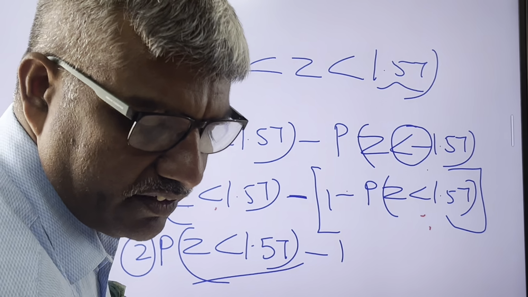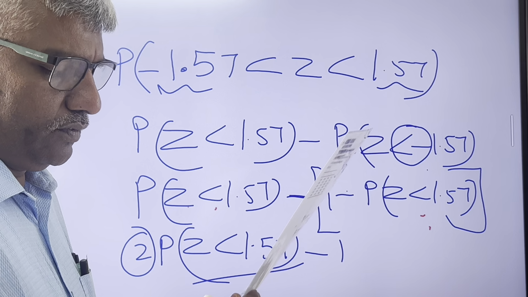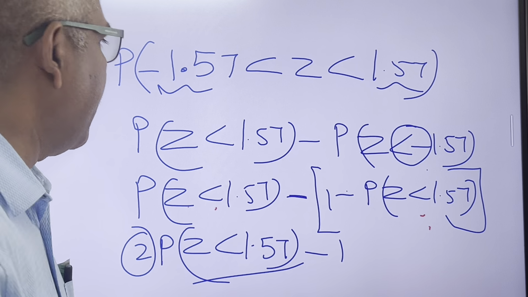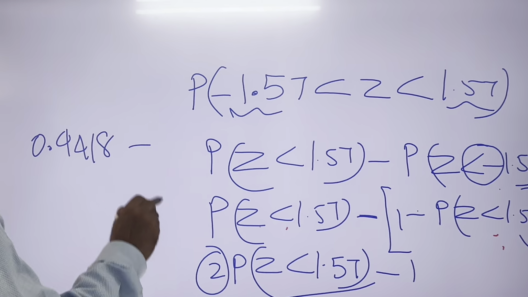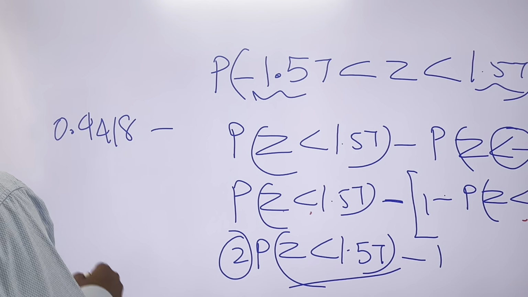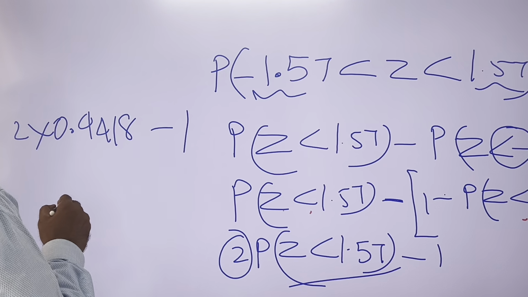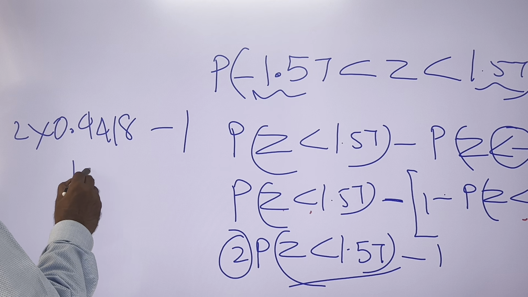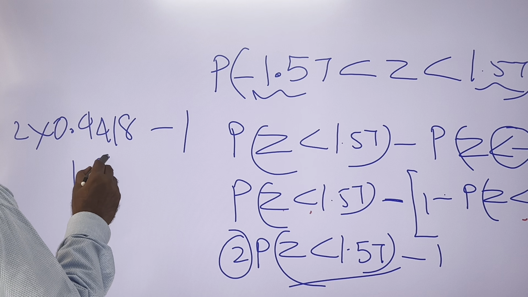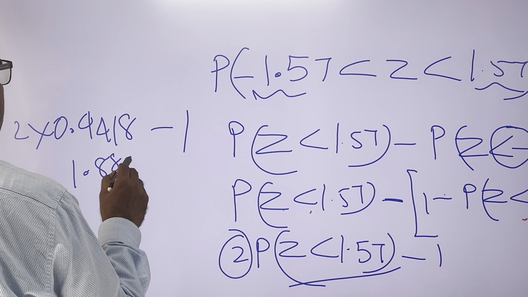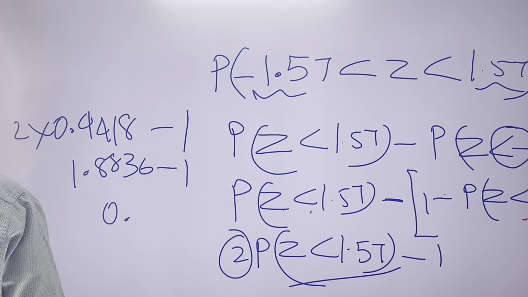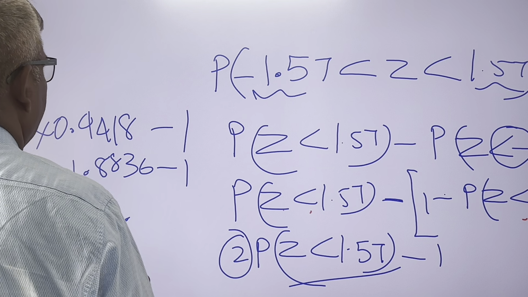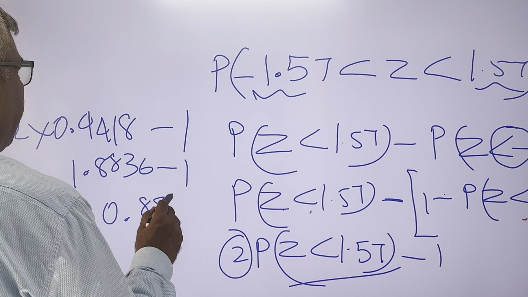Take the value for 1.57, 0.9418. 2 times 0.9418 is 1.8836, minus 1 is 0.8836.